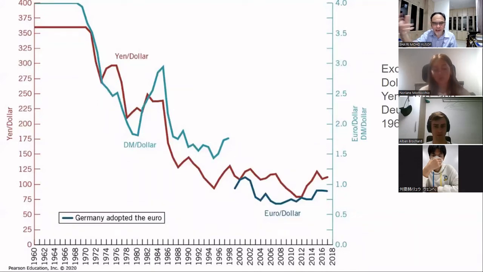Do you gain by importing or by exporting when the currency value becomes lower against the other trading country, for example the US and Japan? The yen goes down. What happens? Norian, what happens when you think of import and export? The value of the yen is cheaper now, right?